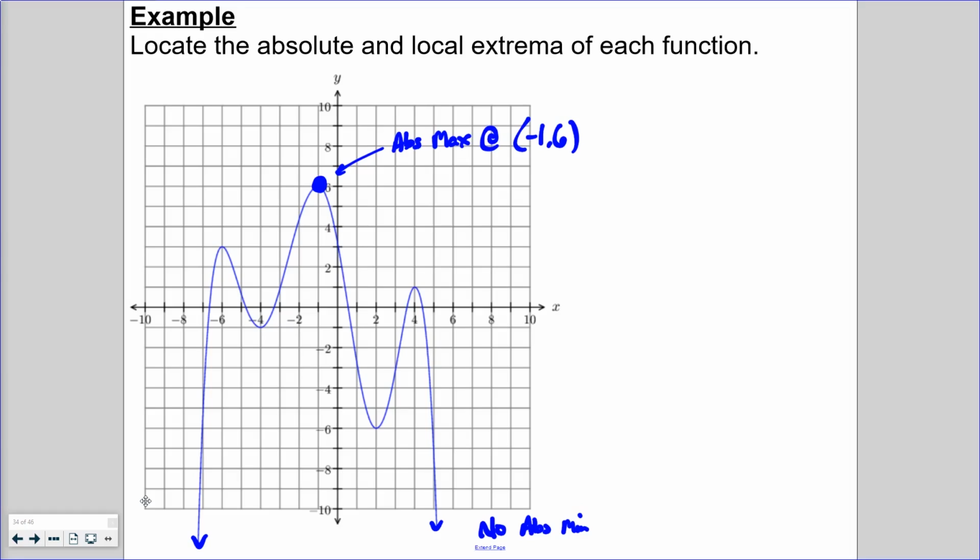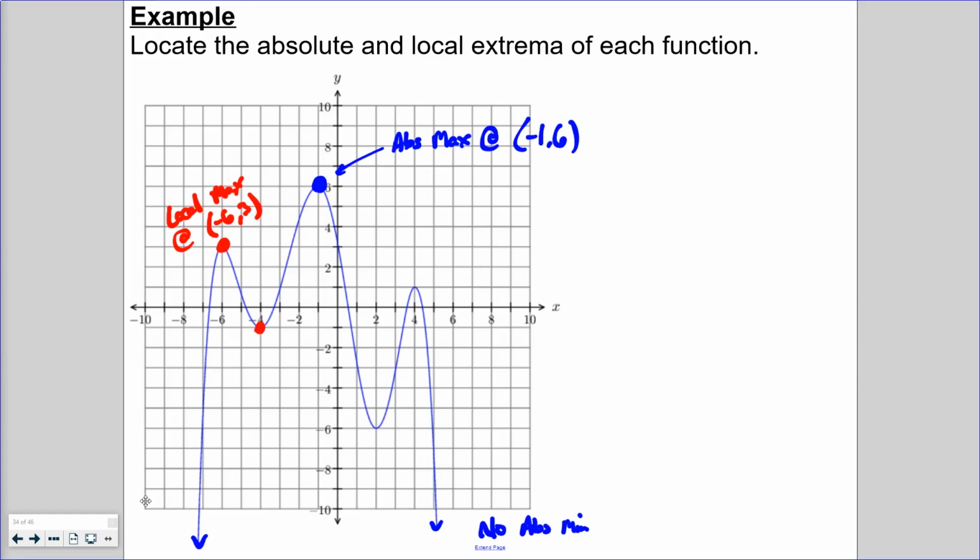And then we can identify our local maxes and mins. We can see here that we have a peak, so that would be a local max at -6, 3.